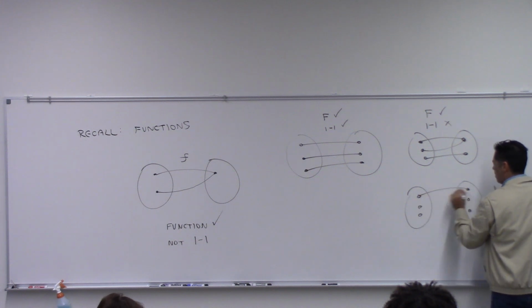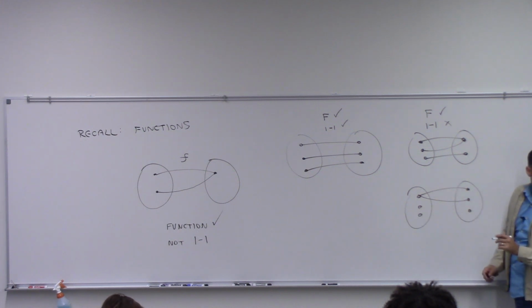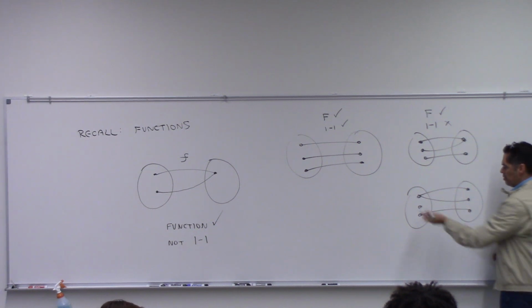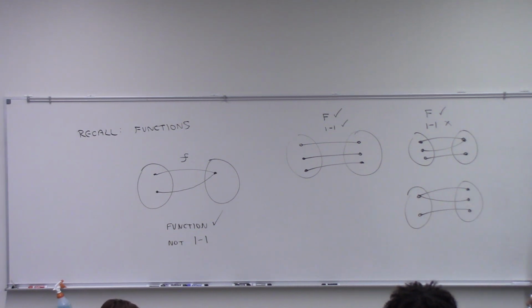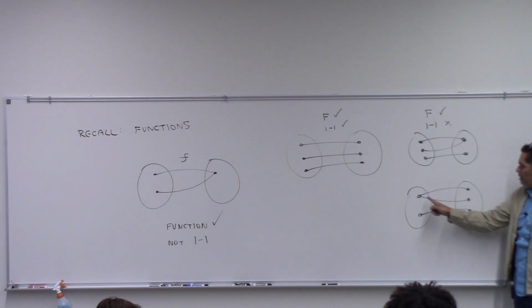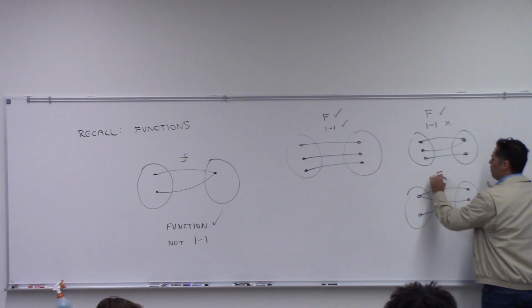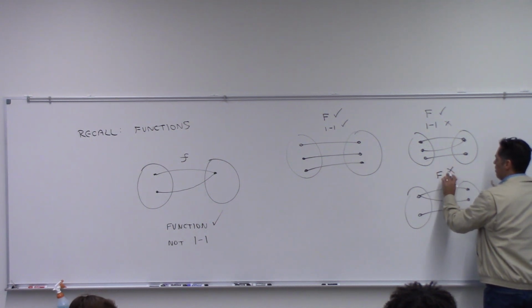And then look at the last example they have. It goes like this, that, and then it goes like this. Something like that. They only put 2 inputs here. Is this a function? It's not even a function, because you have one input going to two places. So this fails to be a function.